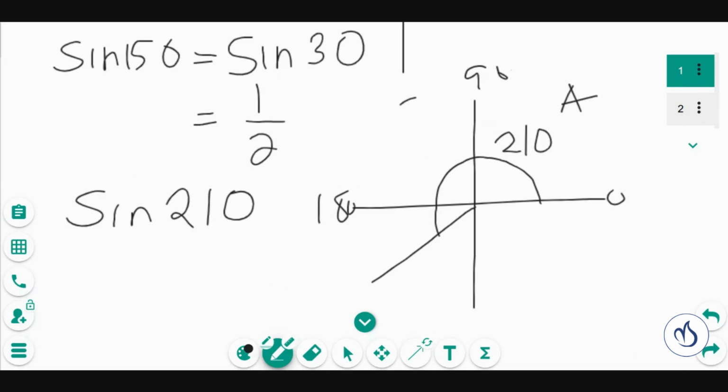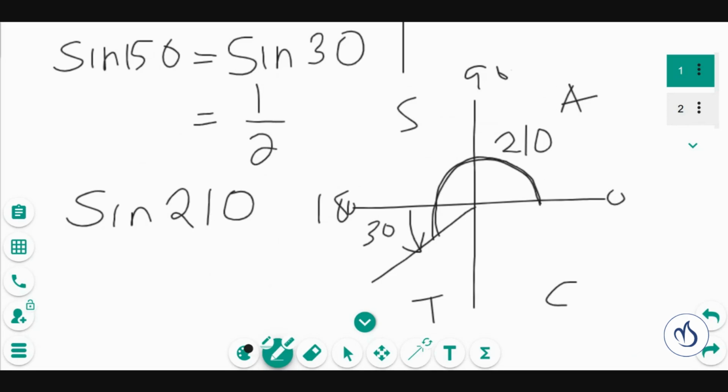All students take coffee. For me to measure 210 from the positive x-axis is actually similar to me measuring 30 degrees in the third quadrant.